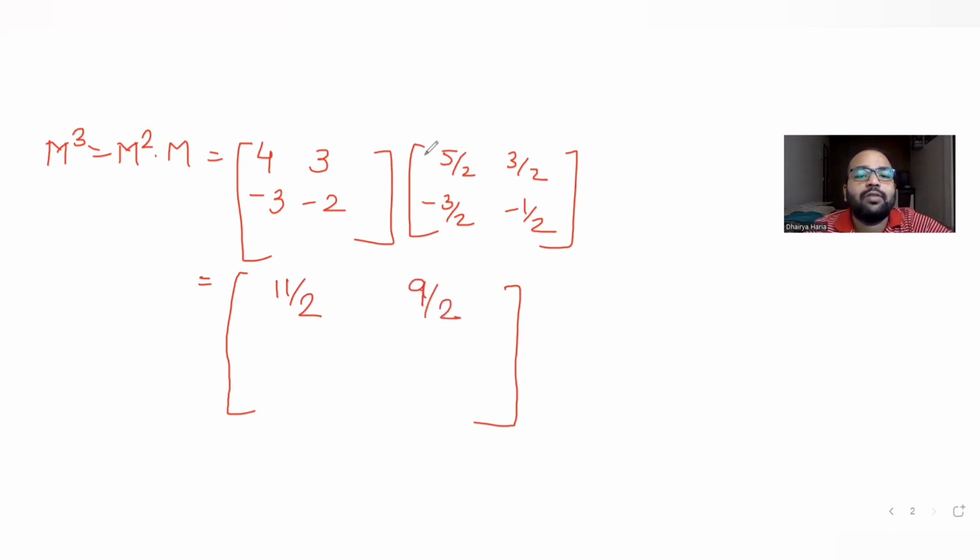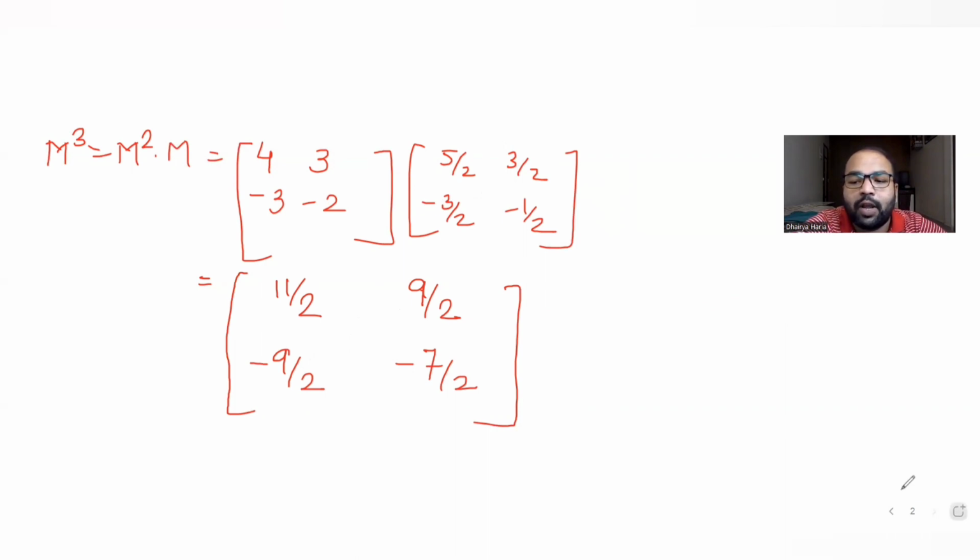Here I have -3 into 5/2, so -15/2, and -2 into -3/2, that is plus 6/2. So -15 plus 6, so -9/2. Then -3 into 3/2, that is -9/2, and -2 into -1/2 is plus 2/2, so -9 plus 2, -7/2. So these become the elements of the matrix M cube.